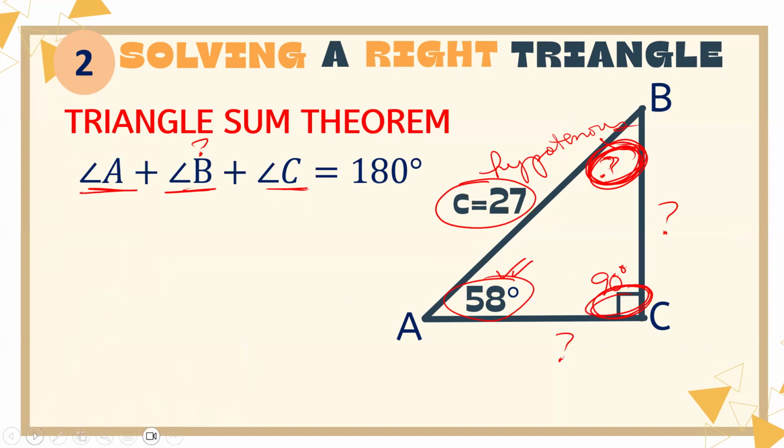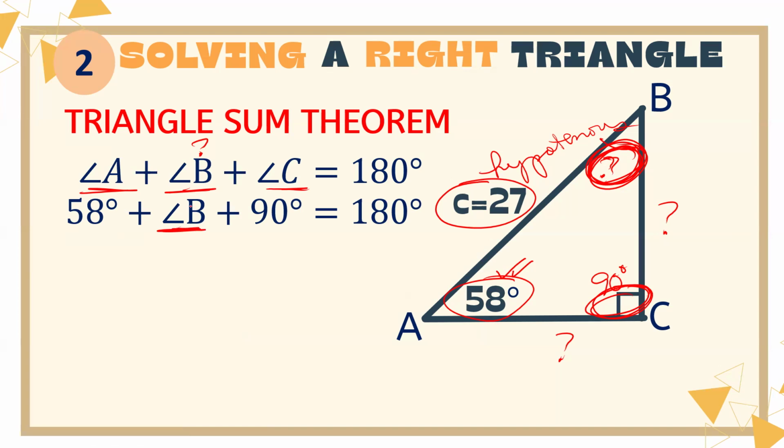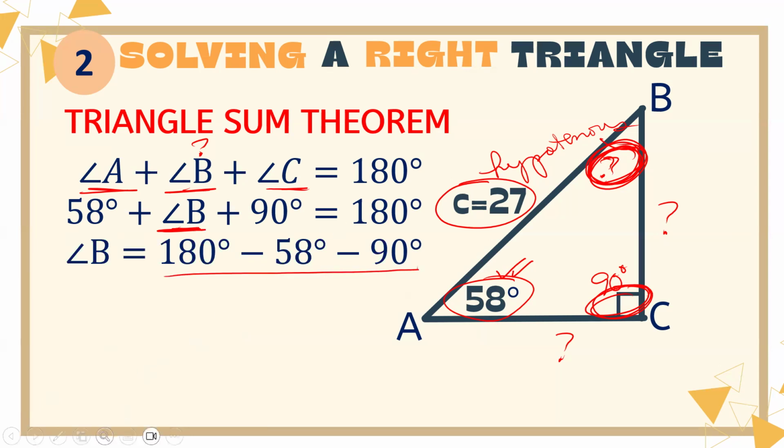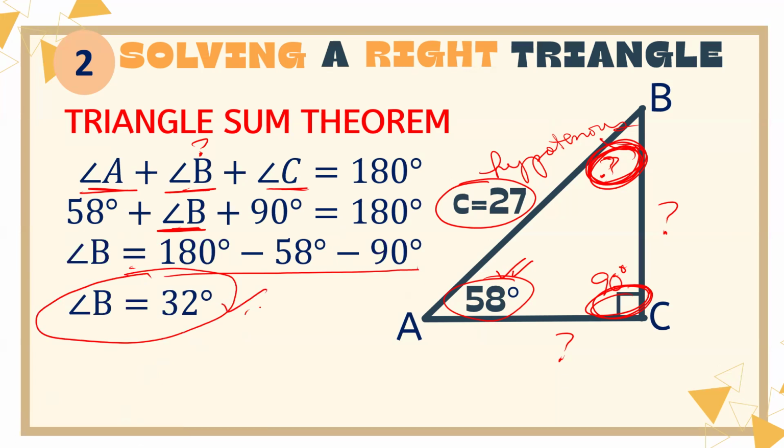Right, so substituting the values, that would be 58 plus angle B plus 90 degrees equals 180. Then we need to isolate angle B so that we can solve its value. So it's 180 minus 58 minus 90 degrees. That would be 32. Okay, so 180 minus 58 minus 90 is 32 degrees.